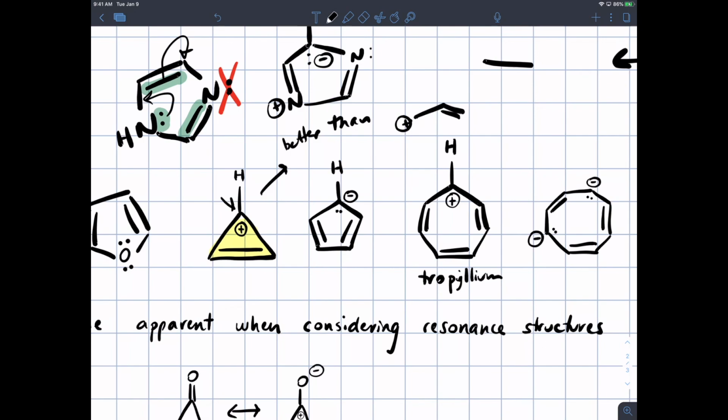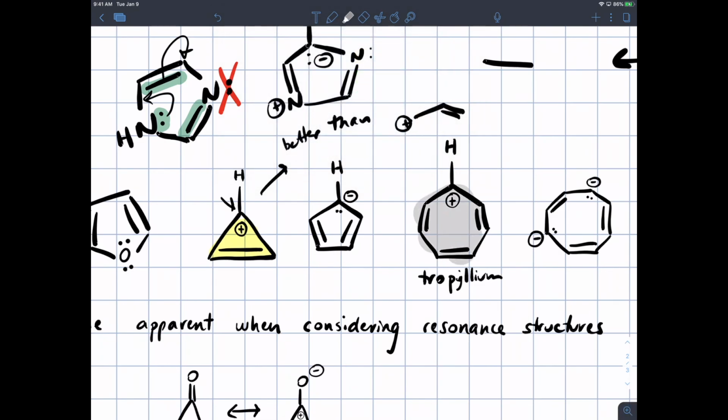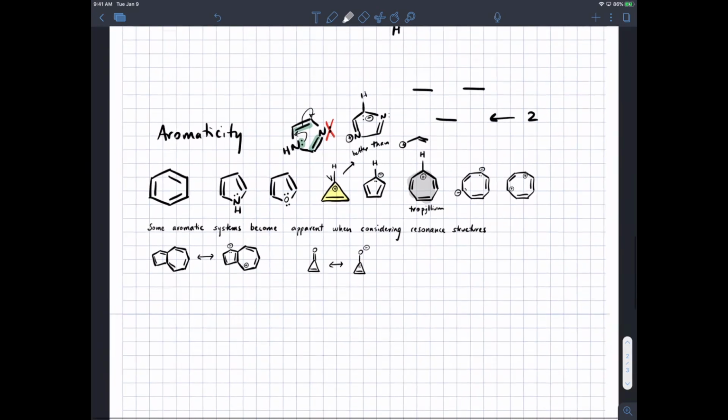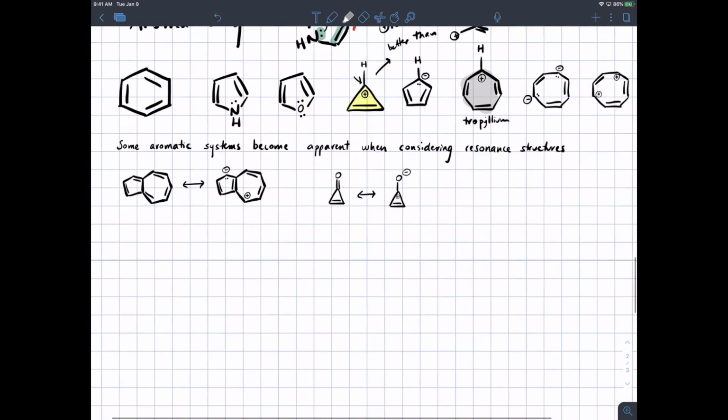I've been accused of drawing my 7-membered ring tropylium ions as looking like sad robots. So if we color him in gray, maybe. Aww, all by myself.